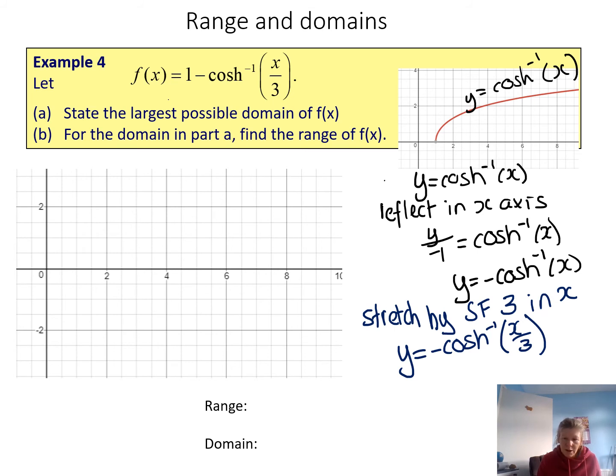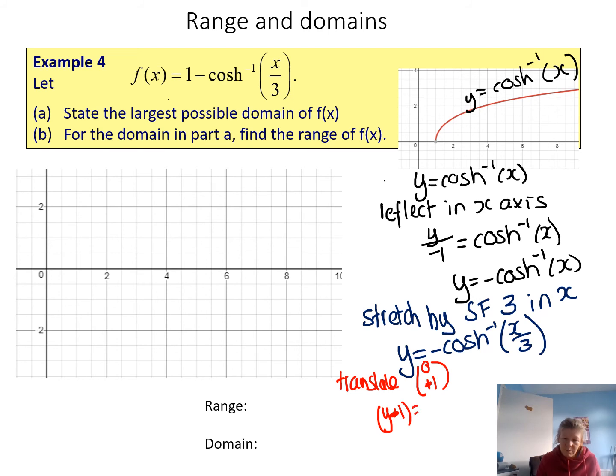Then we do the translate. It'd be 0, 1. I want it to be plus 1 in y, so replace y with y minus 1.